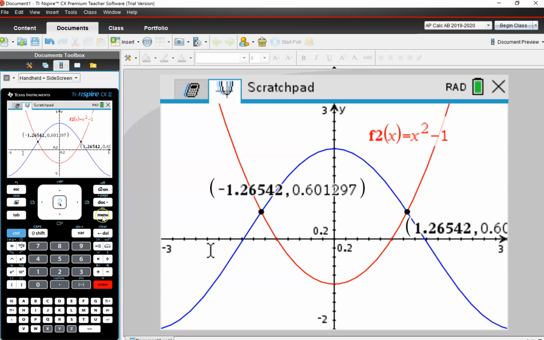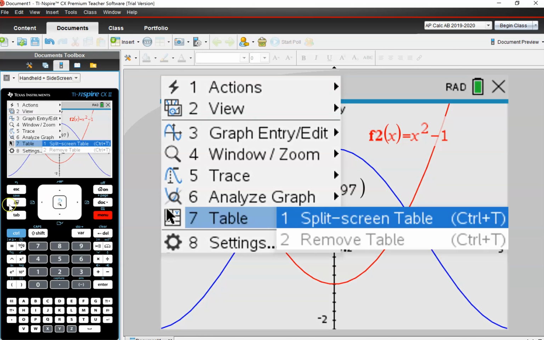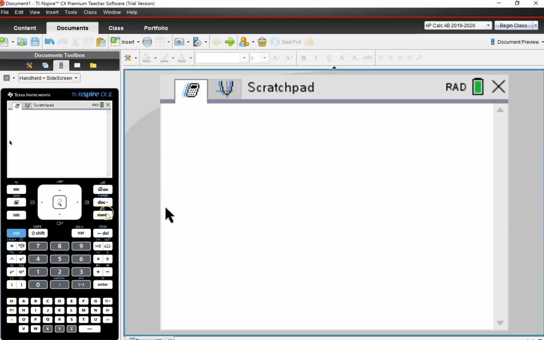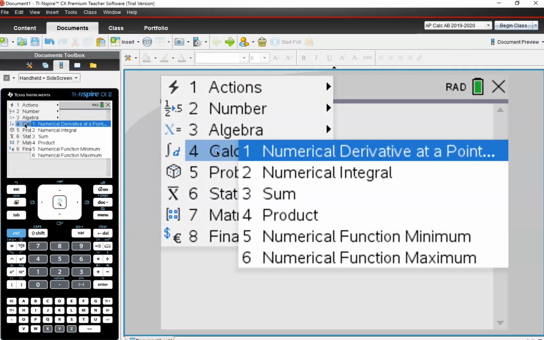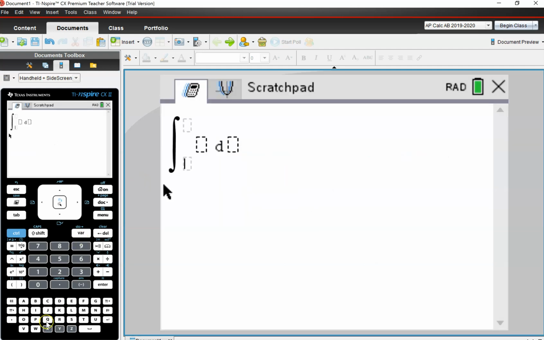Now, go back. Menu. Oh, no, sorry. Here. Menu. Calculus. Numerical integral. Type in A. All right?